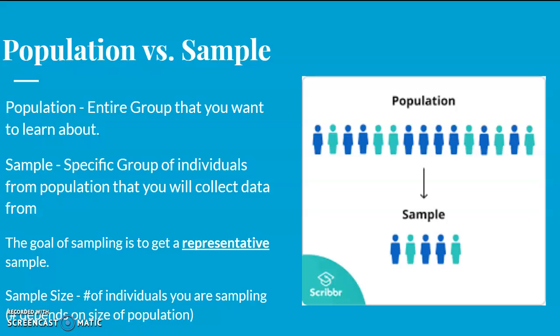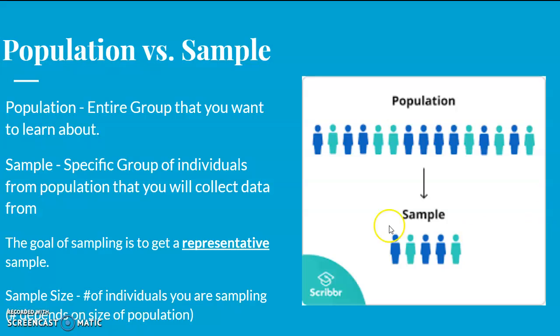First, I want to talk about population versus sample. It is hard to sample the entire population, and you can't say sample the entire population because if it's a sample, it's taken from a group. But the population is the entire group that you want to learn about.